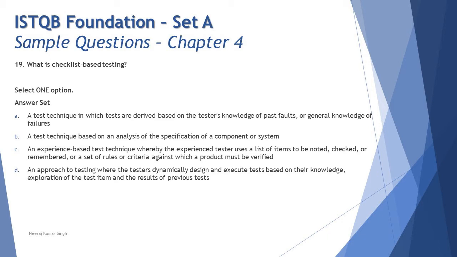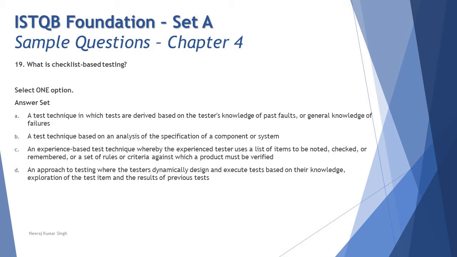So checklist is one of the experience-based testing, and that's where they're trying to trick you. The knowledge about previous defects or typical defects in a product is generally used for error guessing, because unless you know the typical defects which generally happen, error guessing cannot be implemented. So test cases derived from the knowledge of typical defects is typically the error guessing technique.